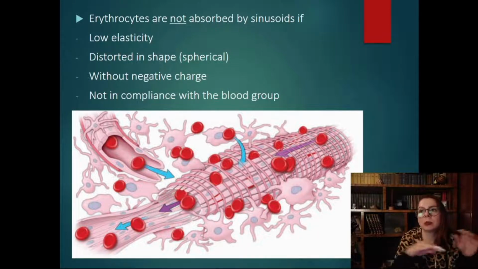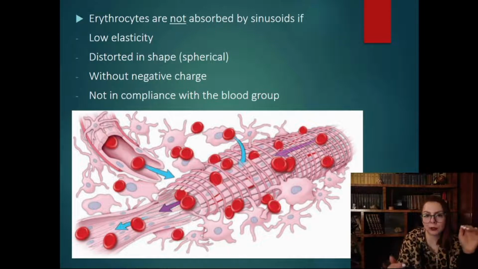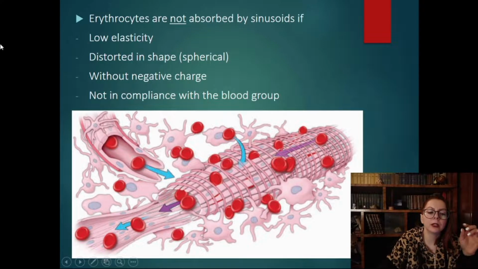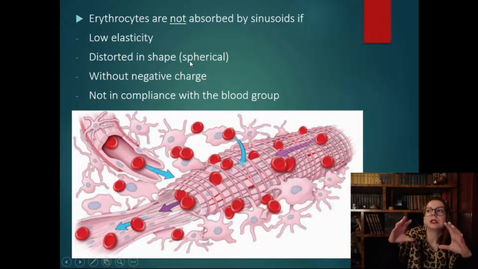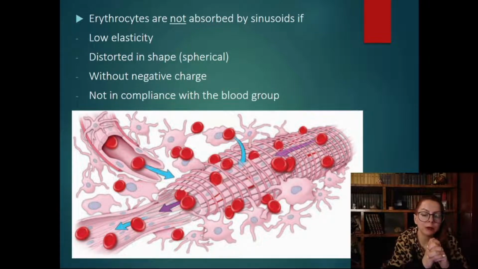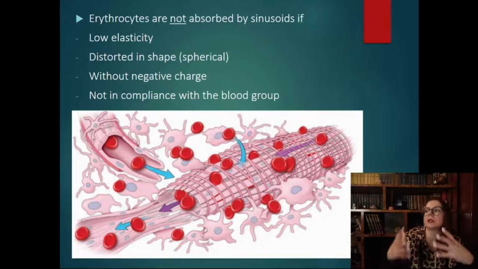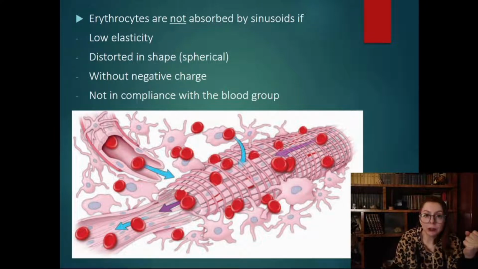So here in the spleen, macrophages clean the surface of the erythrocyte, and after that, if the erythrocyte has lost its negative charge, or is distorted in shape, it is phagocytosed by local macrophages. So if this erythrocyte is damaged, it would be destroyed locally.